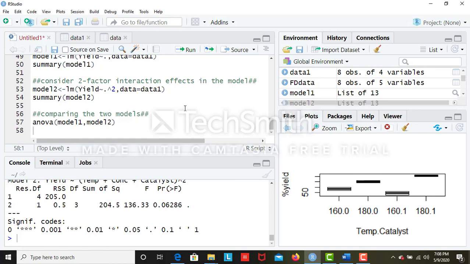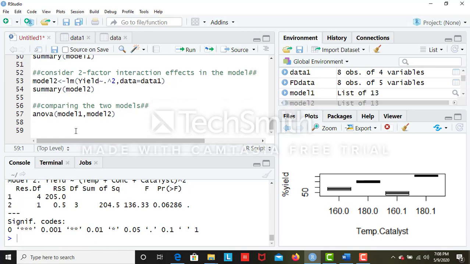We're going to consider a full model of the three, which will consist of three-factor interactions.